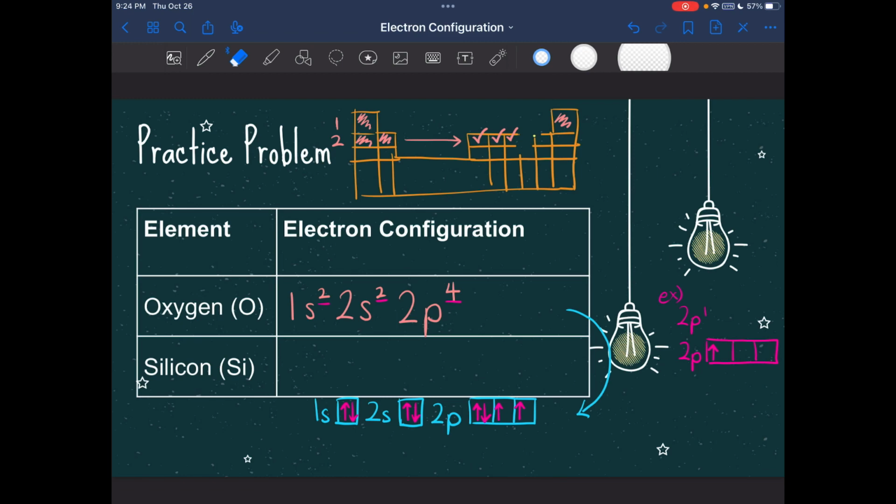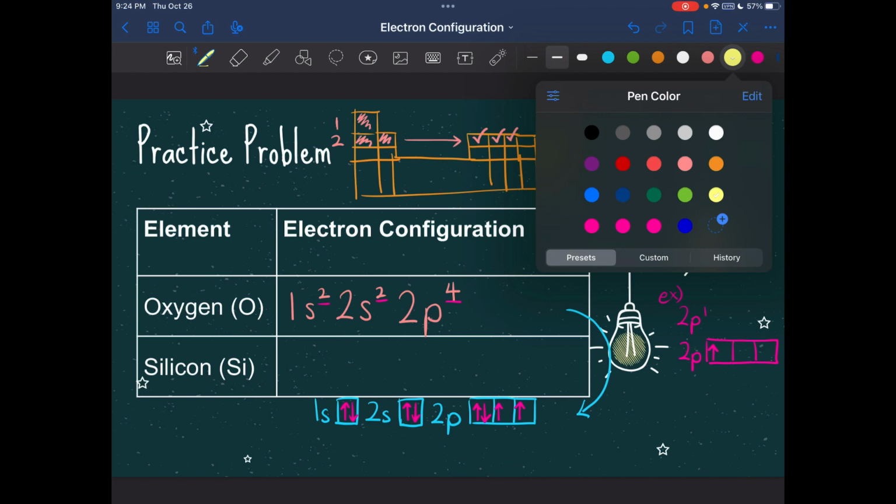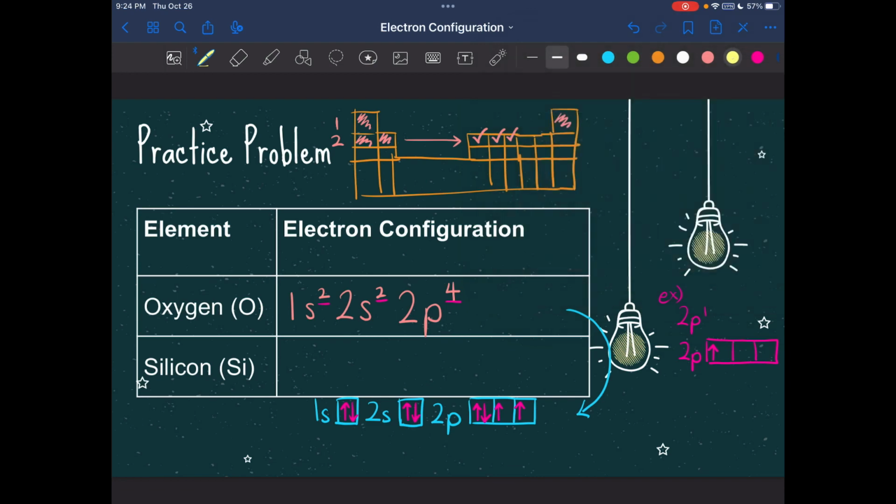So, if I were to redraw this periodic table, Si is located right here. So what are we going to do? Well, we're going to go to the beginning again. So make sure you start out with 1s2, because we got 1, 2.